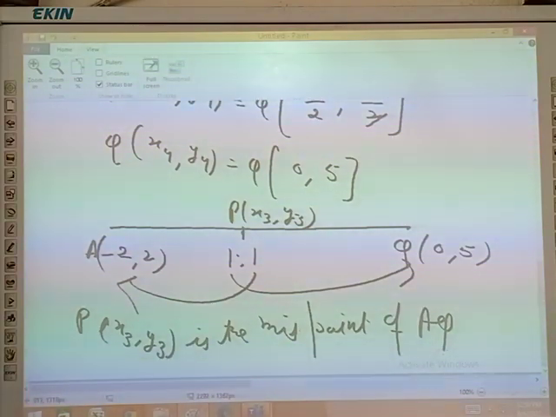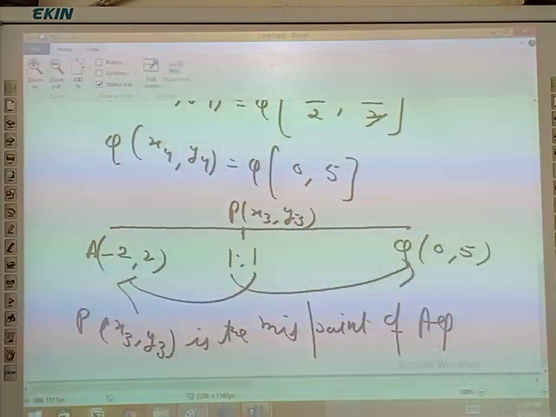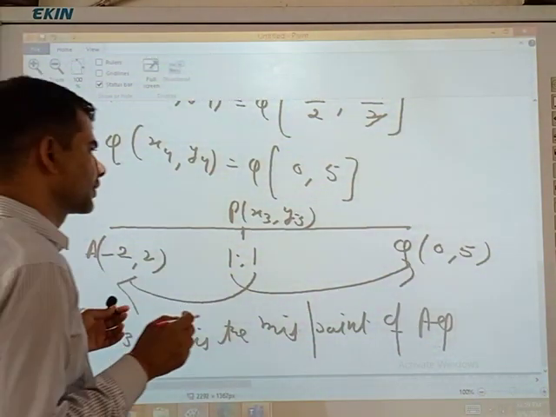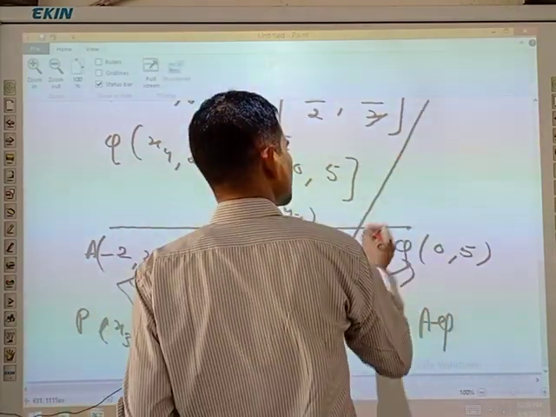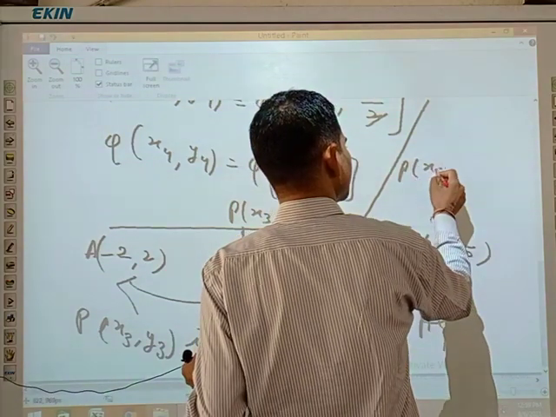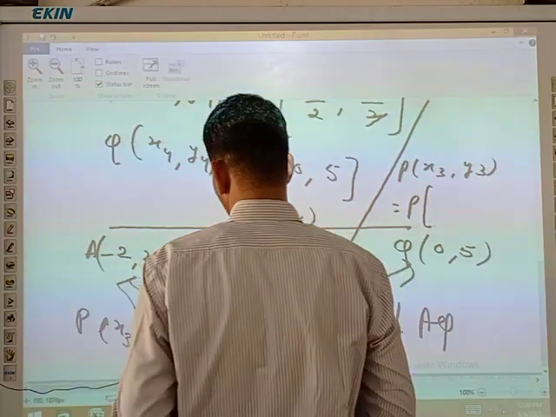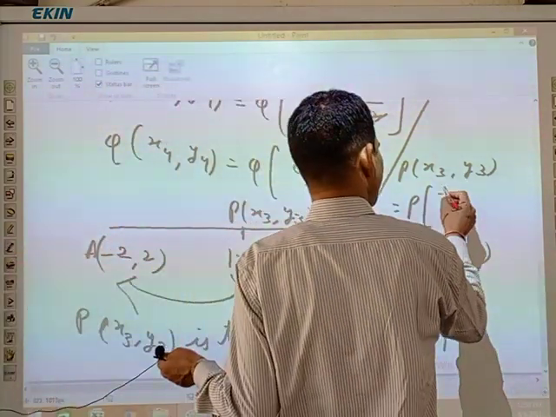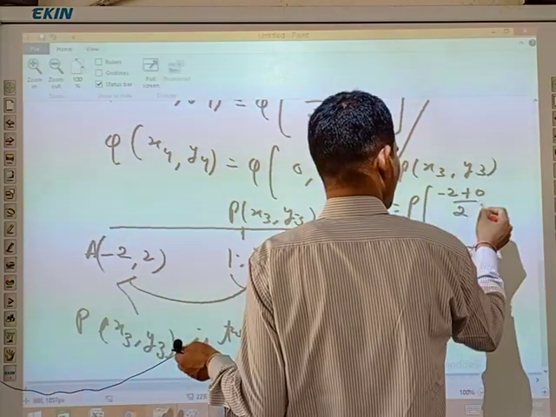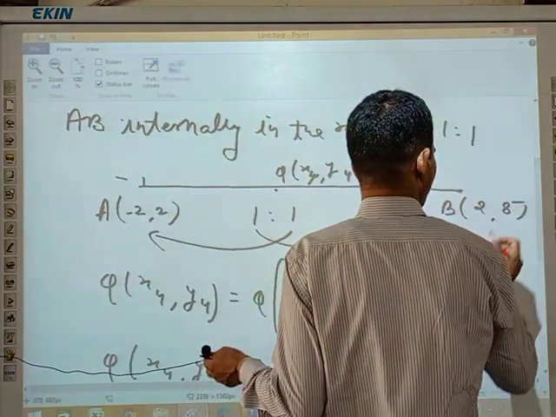Now the coordinate of P (x3, y3). P is (-2 plus 0) divided by 2, (2 plus 5) divided by 2.